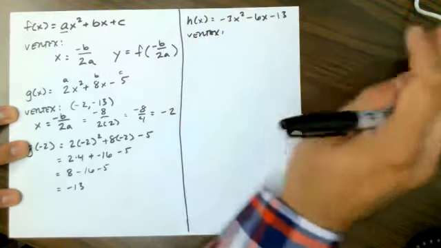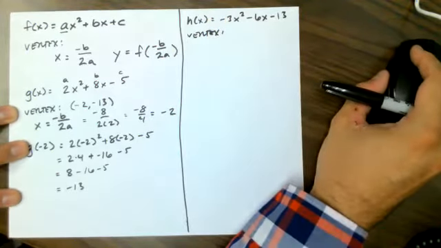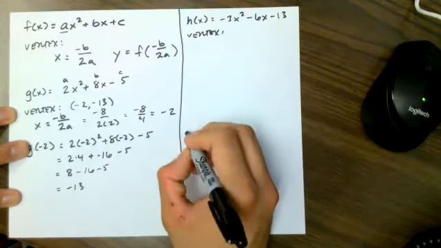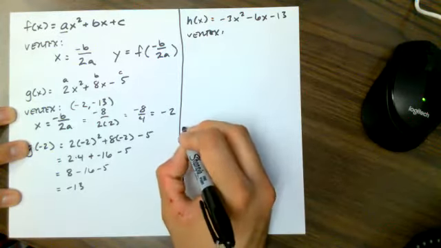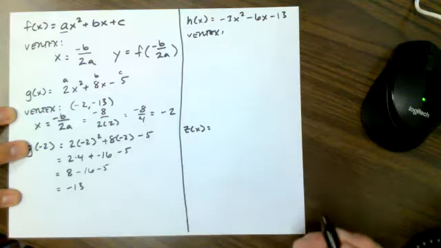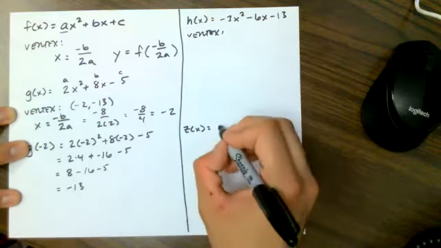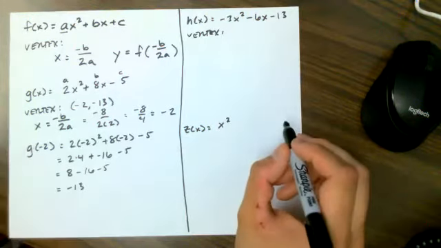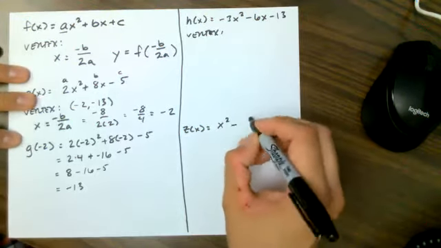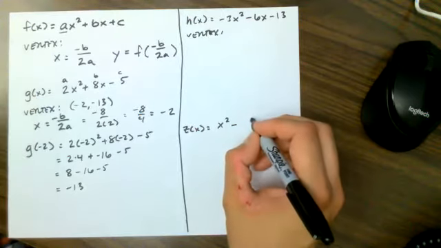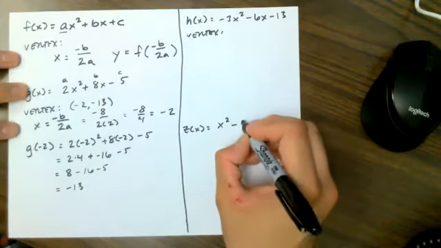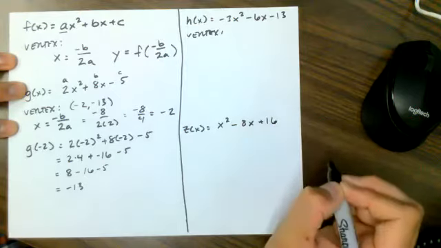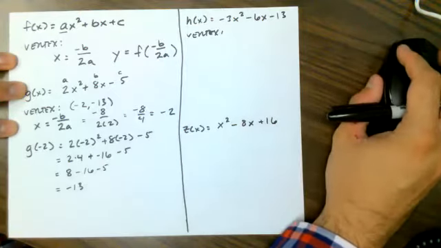Actually, I'm going to give you 2 examples. I'll do that one, and let's do z of x is, let's say, x squared minus 8x plus 16. So try those 2. I'm going to hit pause.